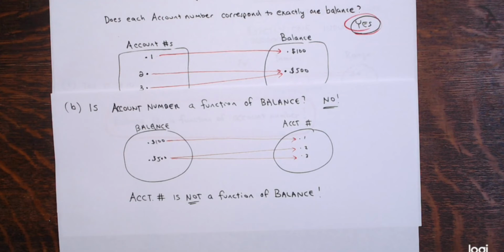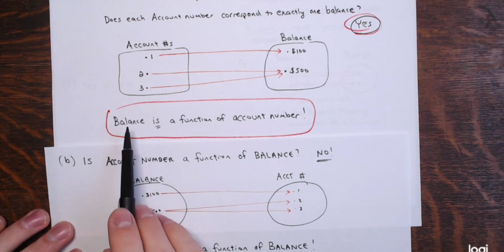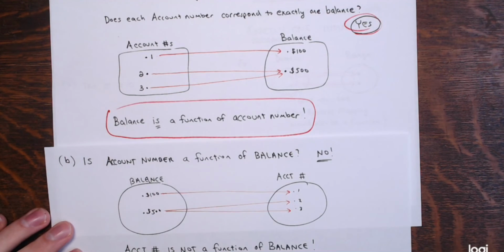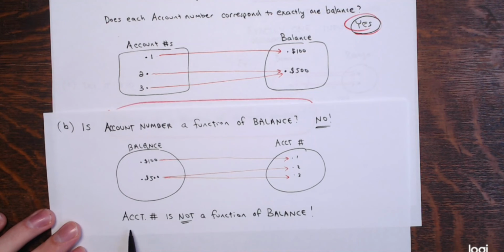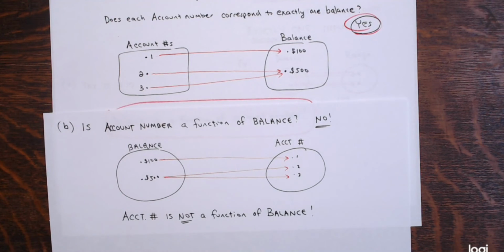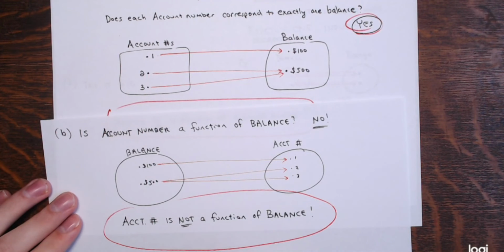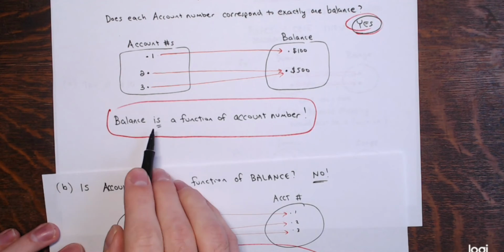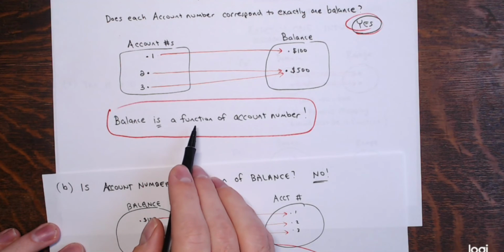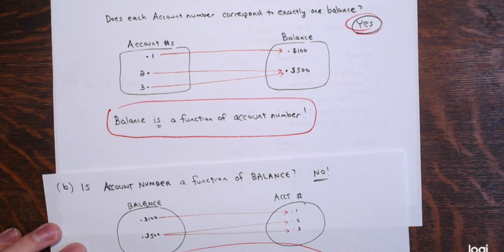All right, so balance is a function of account number, but account number is not a function of balance. This means that balance is not a one-to-one function of account number, right?